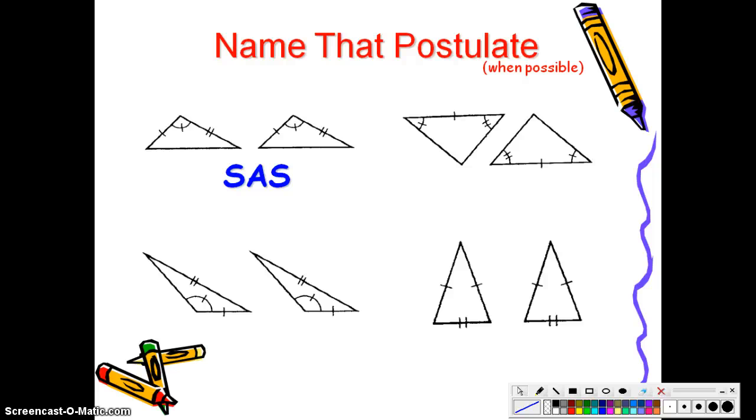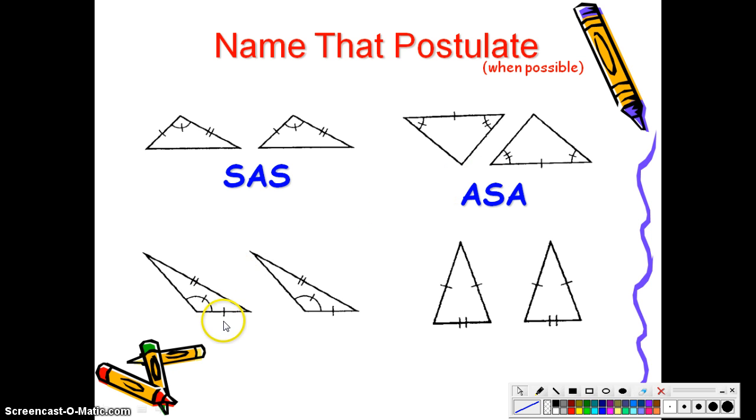Okay, in my second triangle, over here on the right, I have an angle marked, a side marked, and an angle marked. And then I looked at the first marking, so that's angle, side, angle. So that tells me they are congruent by angle, side, angle.